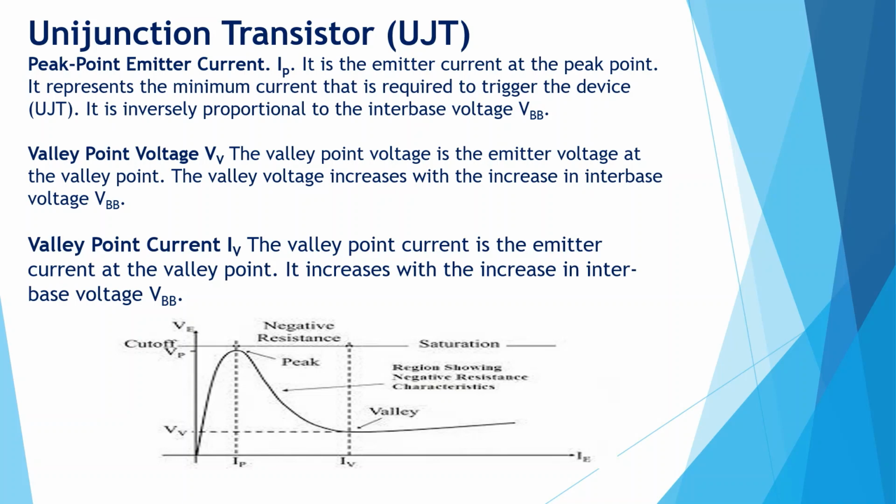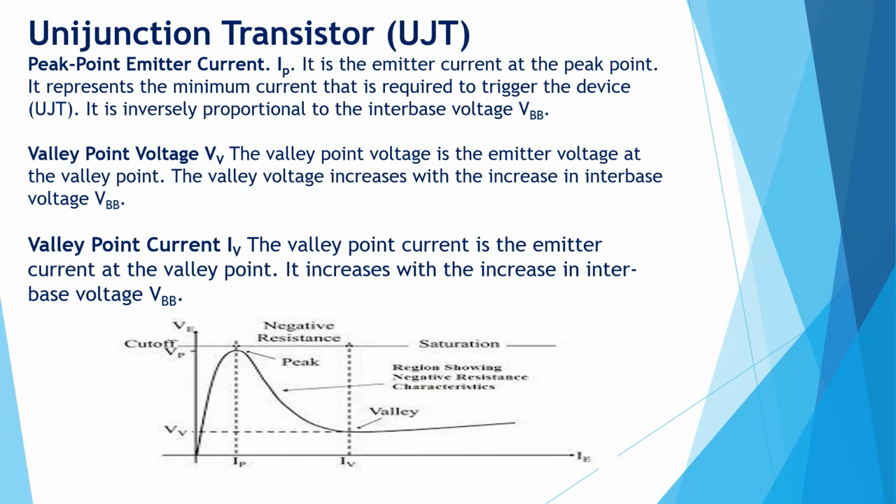As I told you, if the voltage across the emitter does not exceed the voltage across RB1, the PN junction will be in reverse bias condition, and in reverse bias condition only leakage current flows, which will be specified as IEO. So the current IEO corresponds very closely to the reverse leakage current ICO of the conventional BJT. This region, as shown in the figure, is called the cut-off region.